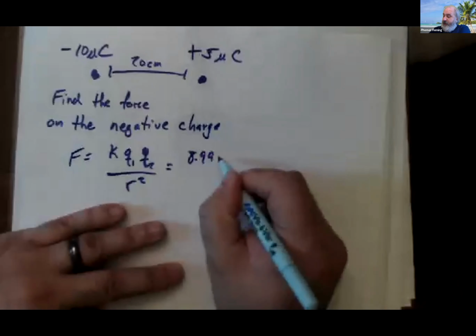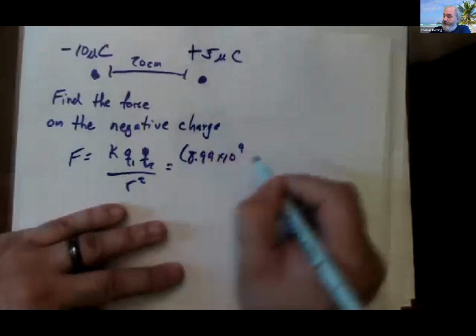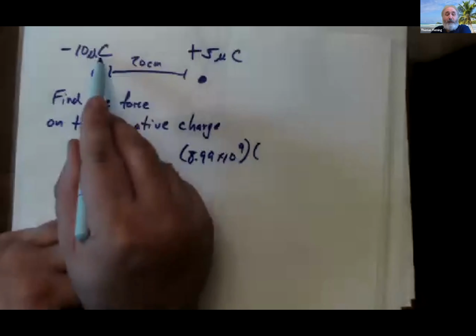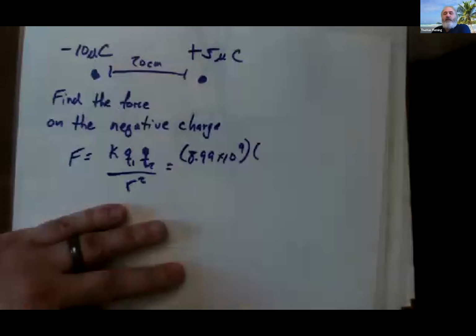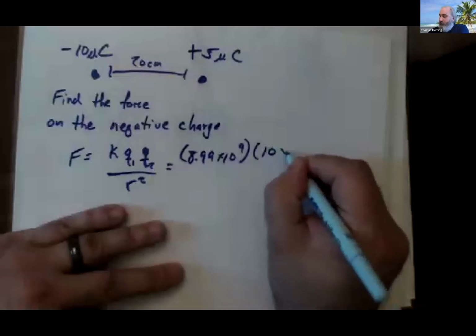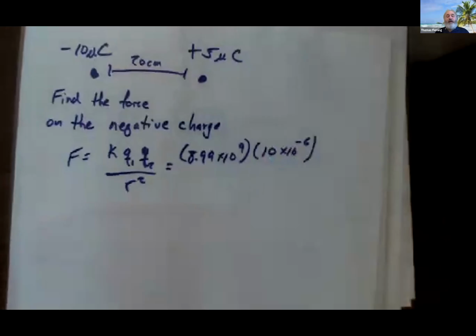So k is 8.99 times 10 to the positive ninth. Q, I have to convert into coulombs because I have it specified in microcoulombs. But I know that 10 to the minus 6 means micro, so I can go 10 times 10 to the negative 6 coulombs.